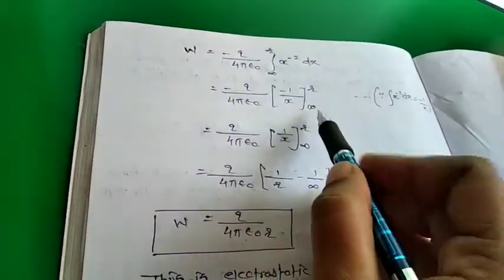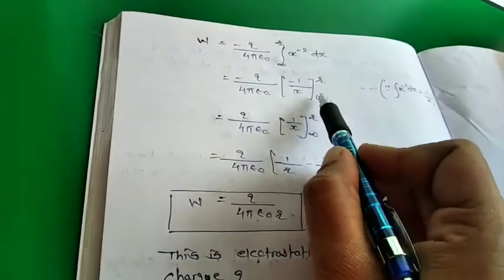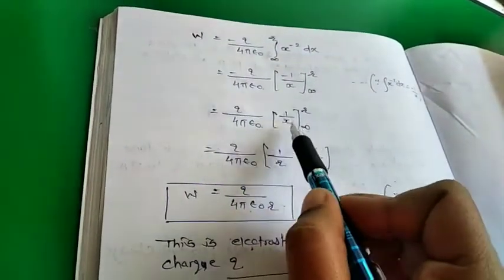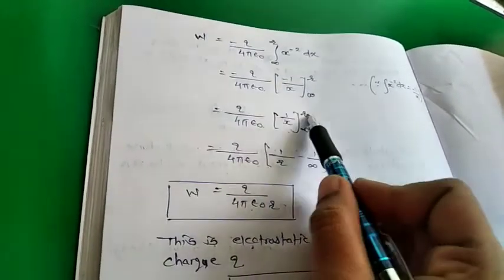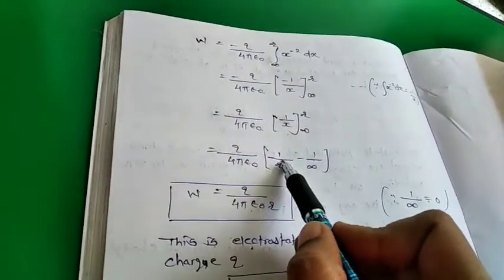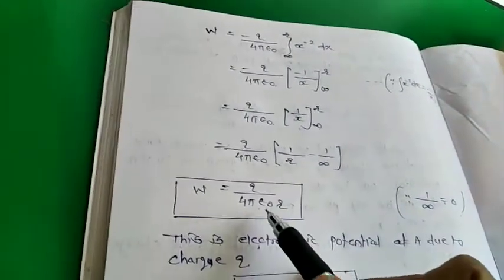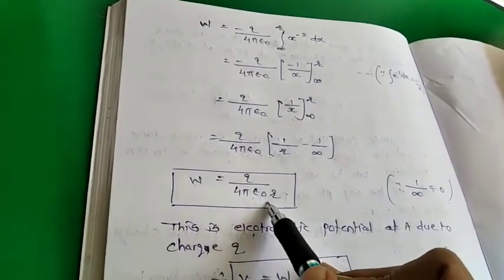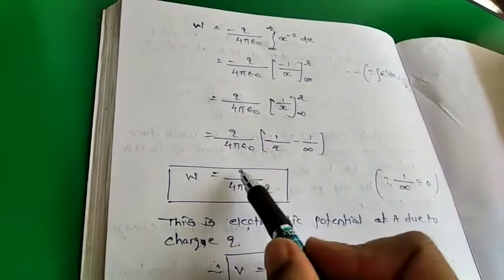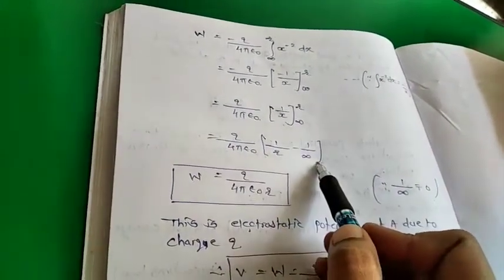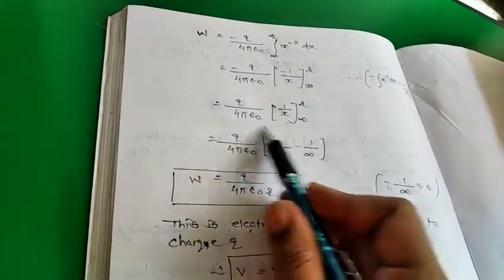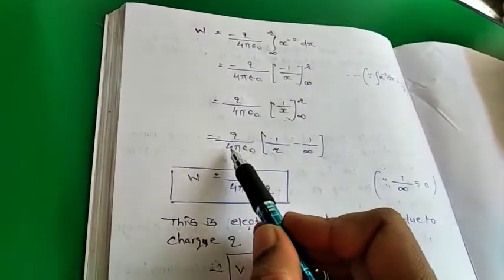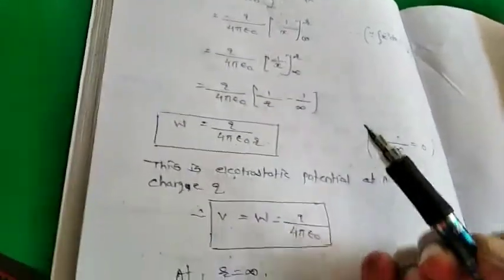The limits go from infinity to R, upper minus lower. So q upon 4 pi epsilon 0 into 1 upon x from infinity to R. Taking upper minus lower, W is equal to q upon 4 pi epsilon 0 R, as 1 upon infinity is equal to 0. So only the term q divided by 4 pi epsilon 0 into R remains.